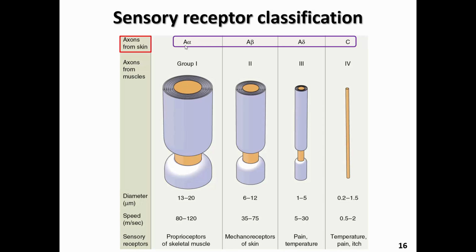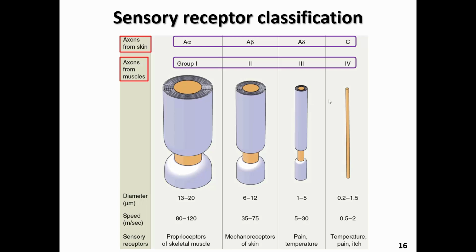So we have A alpha, A beta, A delta, and C fibers, sensory fibers originating from skin. From muscles, we have what are called group 1, group 2, group 3, and group 4, using Roman numerals to describe the different unique characteristics of these sensory receptors.